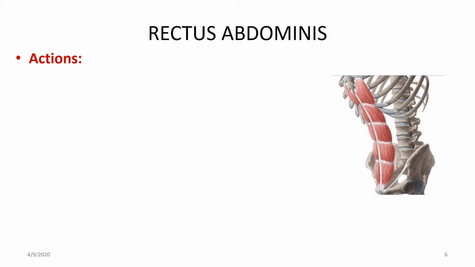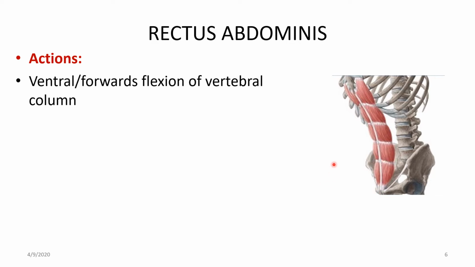After learning about the origin, insertion, nerve supply of the rectus abdominis muscle, let us know about its action. So this is the rectus abdominis muscle, and what are its actions? It produces forward flexion of the vertebral column.